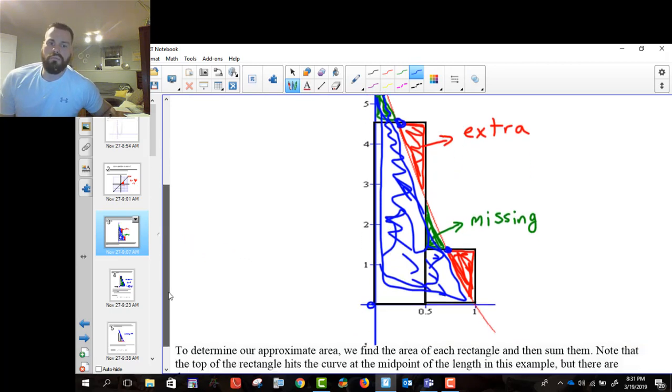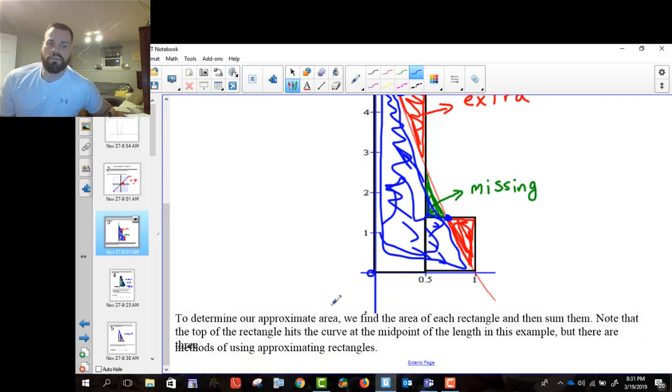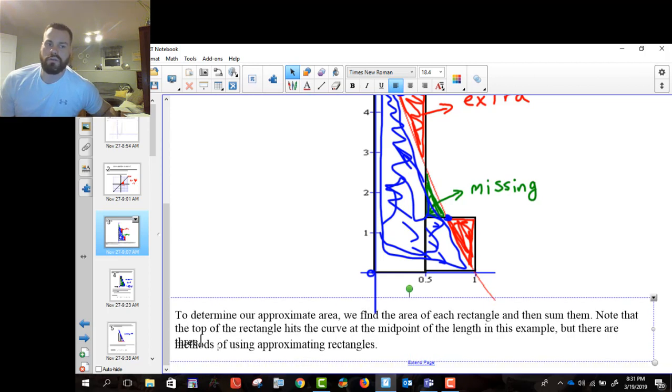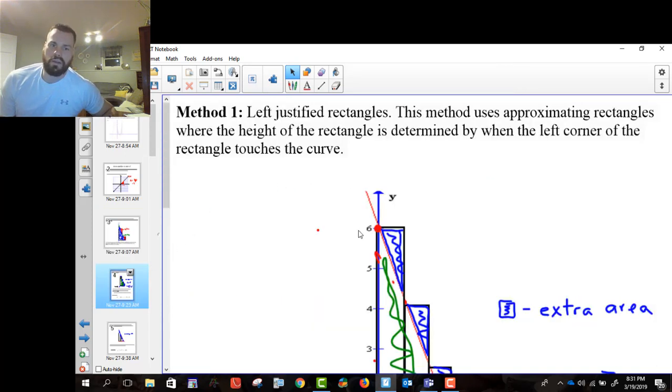And what we do is we try to do that using three different methods. Okay, the first method, second method, and third methods are all pretty much the same. The only difference is that one of them uses left justified rectangles, meaning the rectangles are on the left, the top left corner is where it hits the curve.